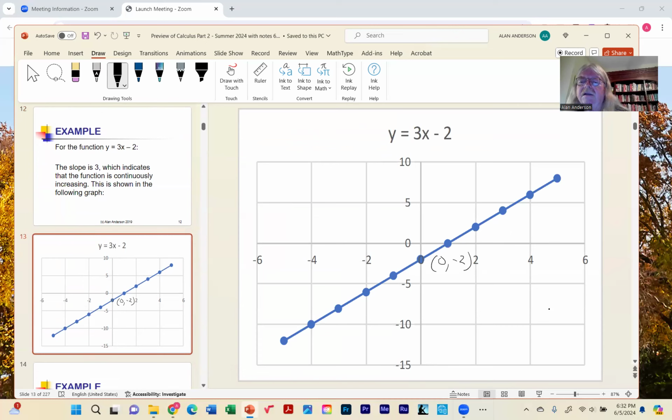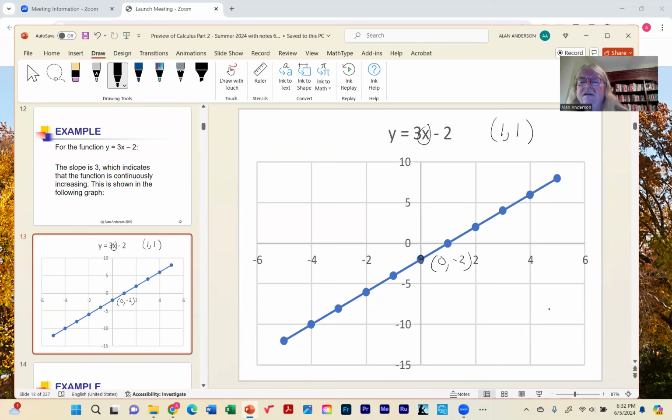Let's just say when x is 1, just by looking at this function, you can see that y is going to be 1 as well. If I plug in 1 here, I'll end up with 3 minus 2, which is 1.